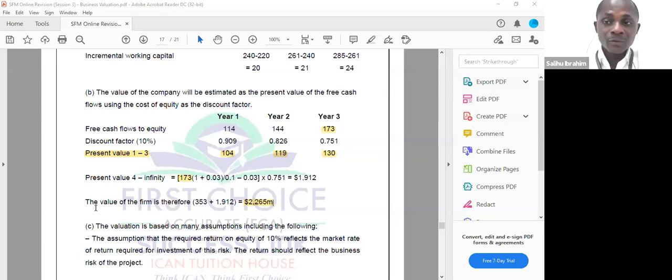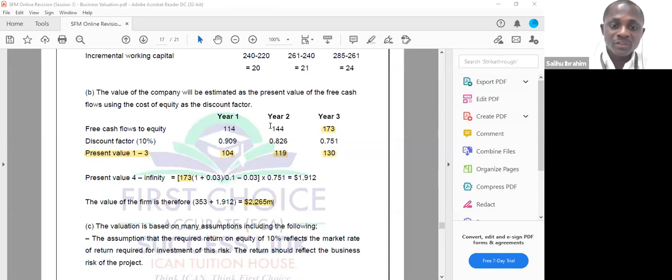Like I said at the beginning of the class, when you discount the benefit associated with a particular item by the cost of that particular item, you get the market value of the item you are trying to value. So the same thing we have done here: we look at the expected free cash flow to our equity, then we discount it using the cost of equity.